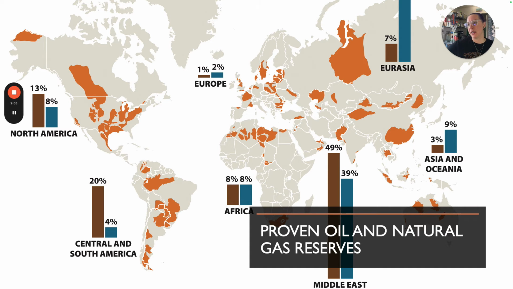All right, so going back to this idea of proven oil and natural gas reserves, proven amounts actually vary a bit if we find more oil, which is generally unlikely, or if we use more oil than what we're finding or extracting. So these variables can go up and down. It can also go up as new technology is developed, right? So when we developed fracking, our reserves increased because now we're able to get more.